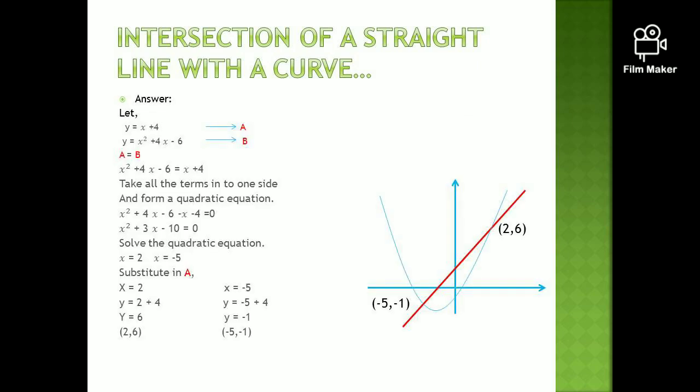To find the coordinates of the intersection, we can solve the equations y equals x plus 4 and y equals x squared plus 4x minus 6 as simultaneous equations. First, take y equals x plus 4 as equation A, and y equals x squared plus 4x minus 6 as equation B. Both equations have y equals, therefore you can equate them.